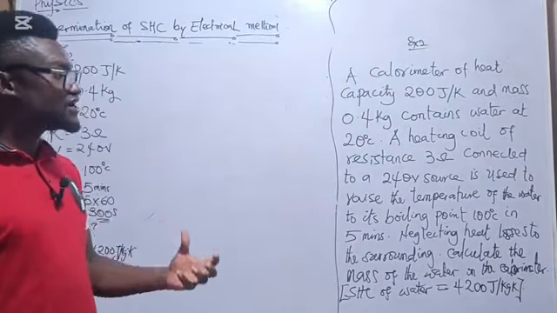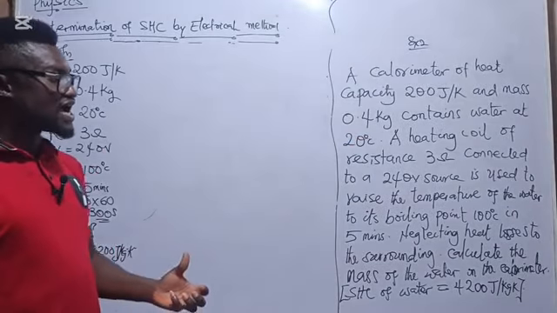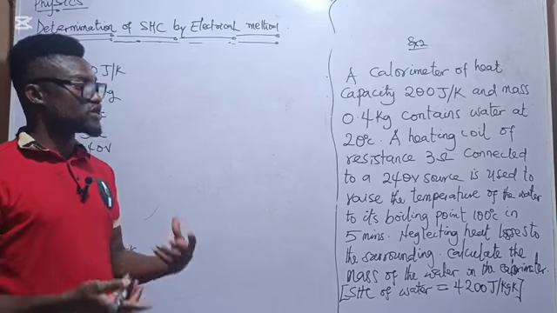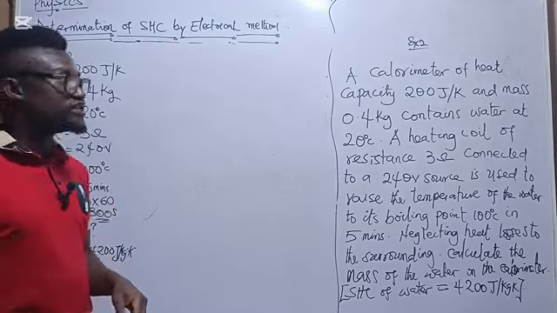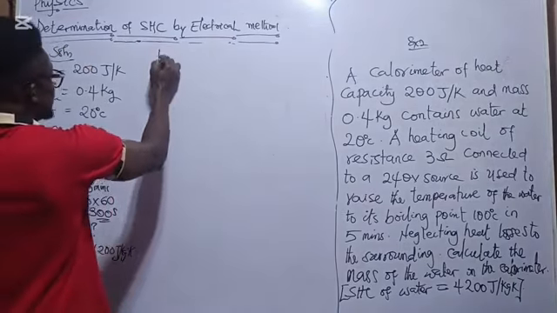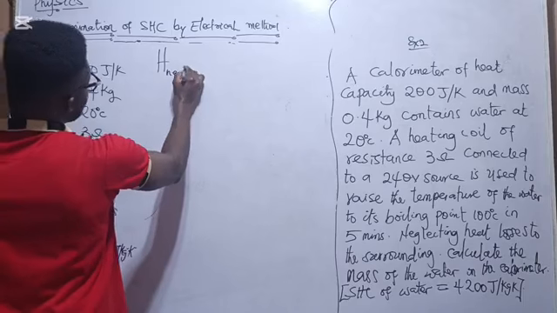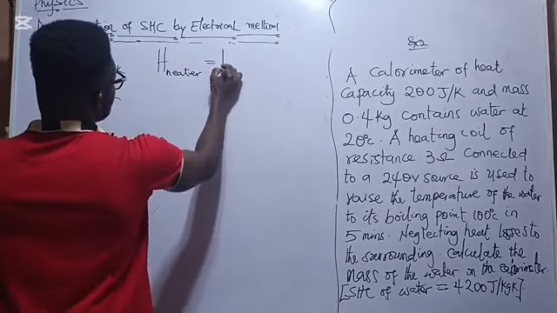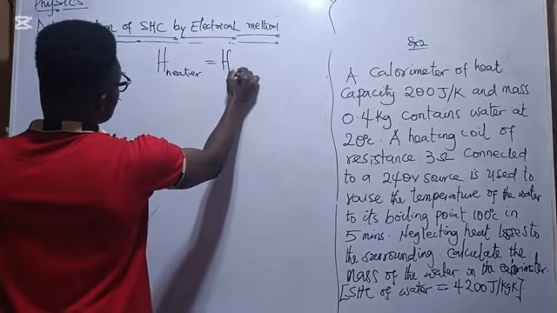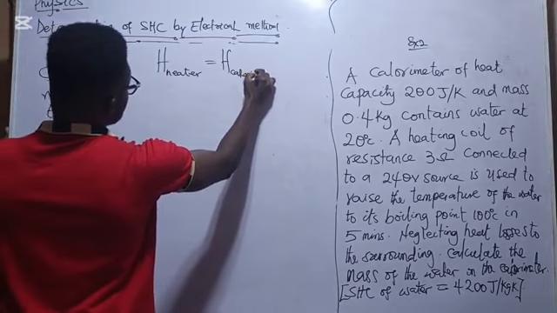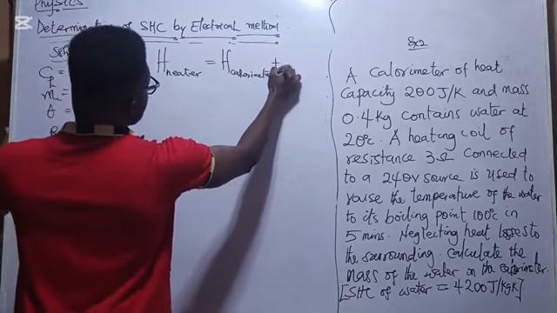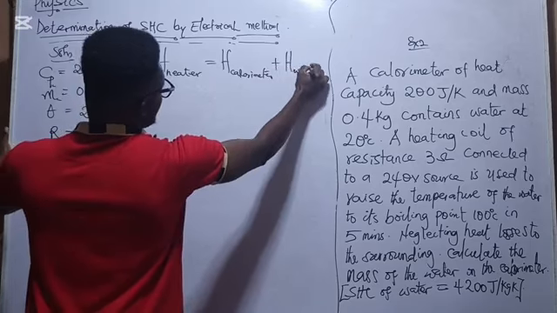So you now see that the calorimeter and the water will absorb the heat that will be transferred by the heating coil. In that case, the heat lost by the heater will be equal to heat gained by the calorimeter plus heat gained by water.